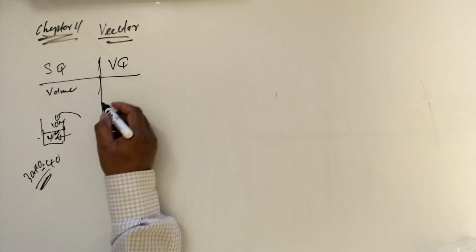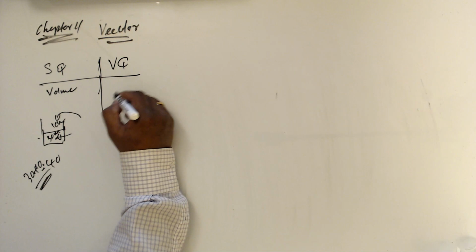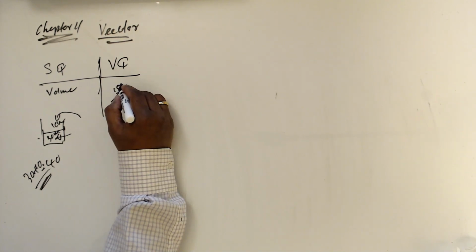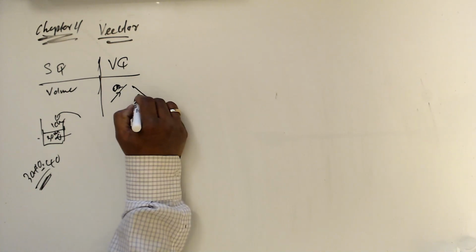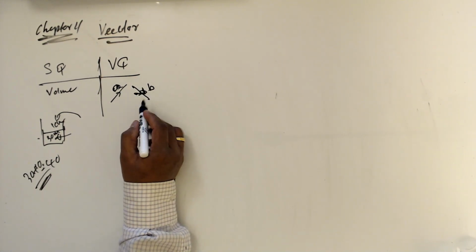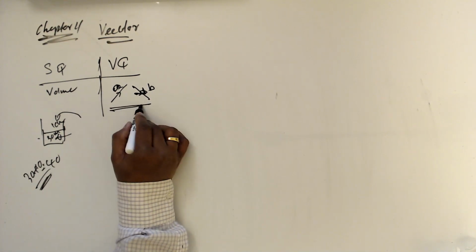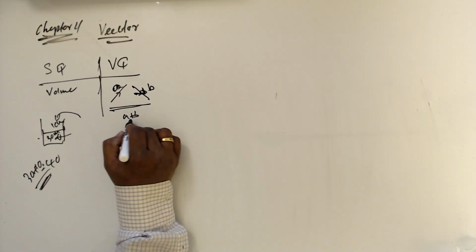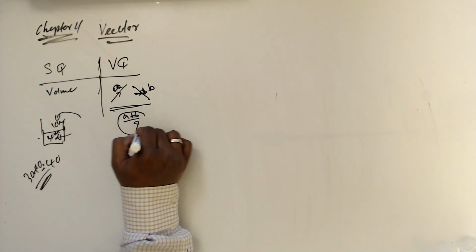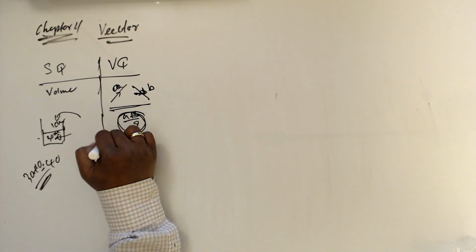But vector quantities you can't add like this. If we have A in one direction, and B in this direction, you can't simply add. You can write A plus B, but what is the direction? So then we have to use a rule for this one.